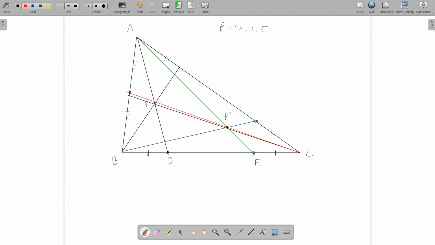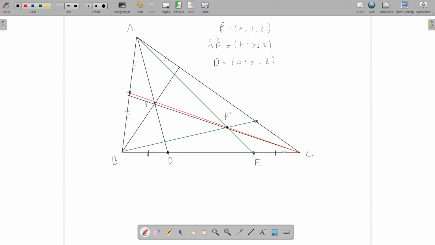We know that P has coordinates x, y, z. Therefore, AP has parametrization t, y, z. Now, D is on both line AP and on side BC. Since it's on side BC, its first coordinate is 0. So we know that D equals 0, y, z.